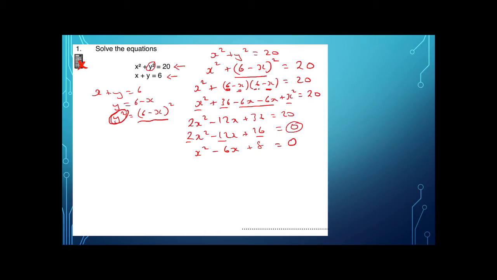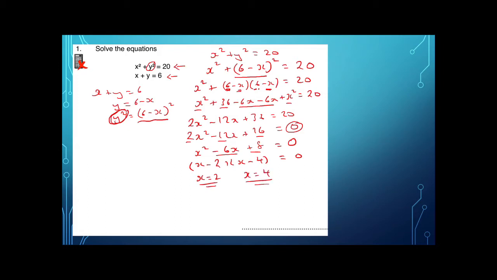Now I'm hoping that this factorizes. It's going to be x and x. Got to multiply together to make positive 8. That's negative 4 and negative 2, and they add together to make the negative 6. And that tells us that x is equal to 2 and x is equal to 4.